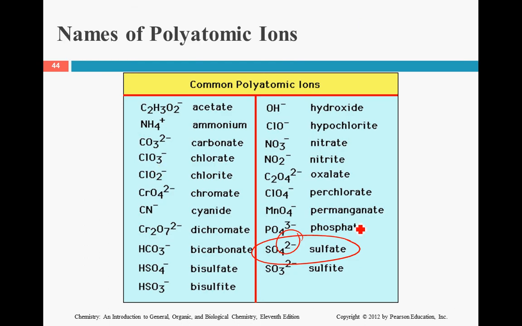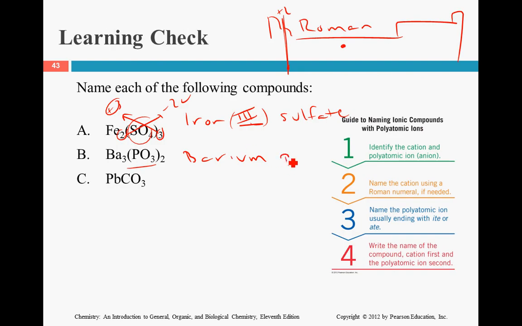Oh, is it not on my list? Well, here's phosphate. It becomes phosphite. So the 3 becomes a 3. And because I don't have to worry about Roman numerals, I'm done.